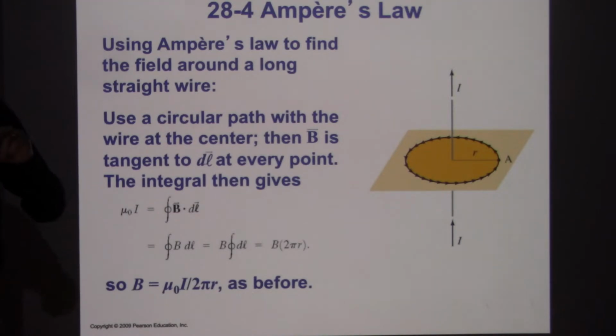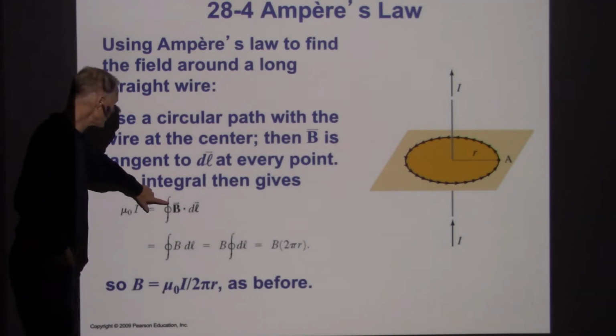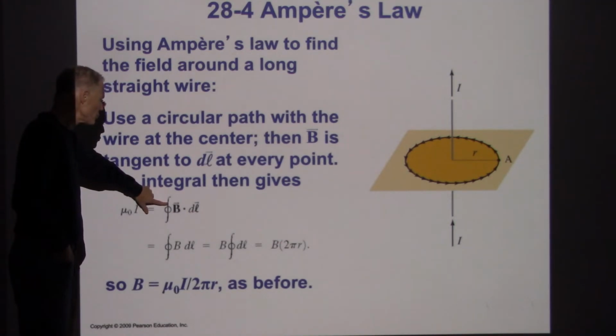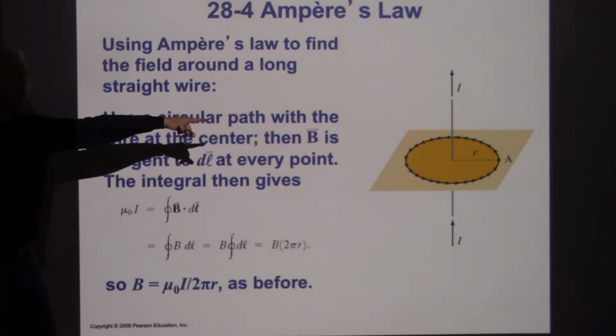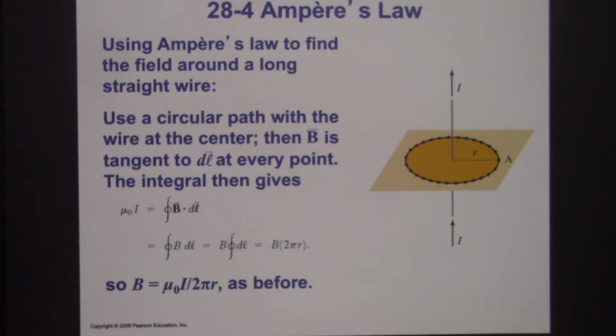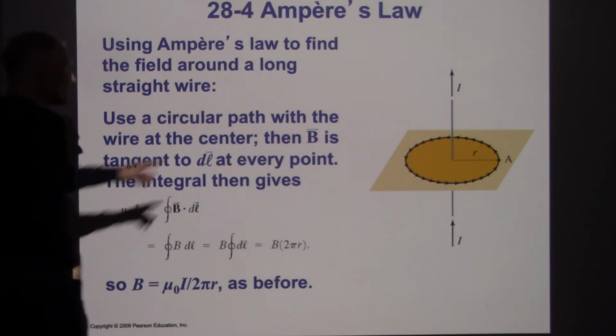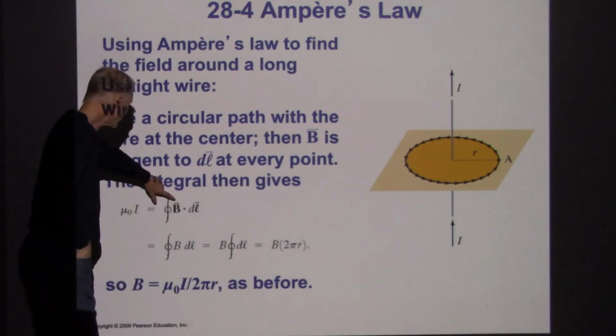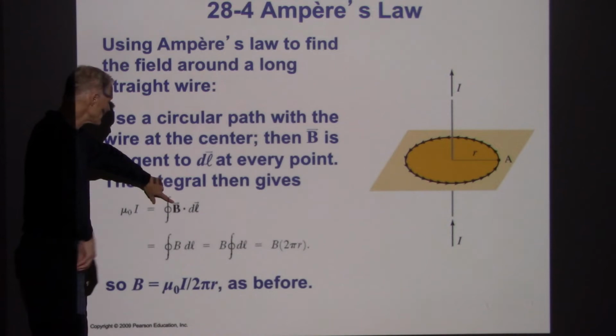Okay? But you will know that we only use this in situations where we have a lot of symmetry. We only are going to do these integrations when the integration is, I don't want to say trivial, but fairly simple. The integration here comes from saying the magnetic field is constant.